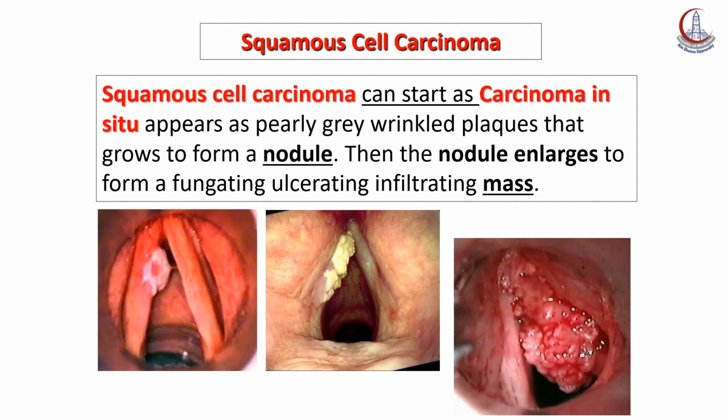Squamous cell carcinoma of the larynx can start as carcinoma in situ, appearing as pearly gray wrinkled plaques that grow to form a nodule. Then the nodule forms a large fungating mass, which can be ulcerated or infiltrate the underlying wall.